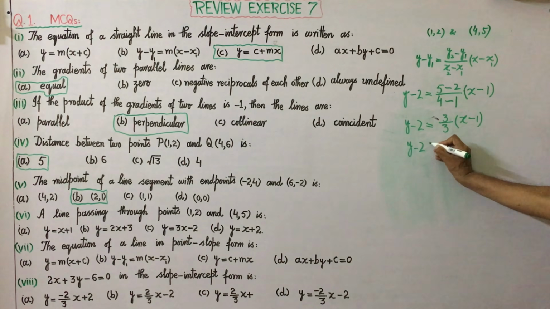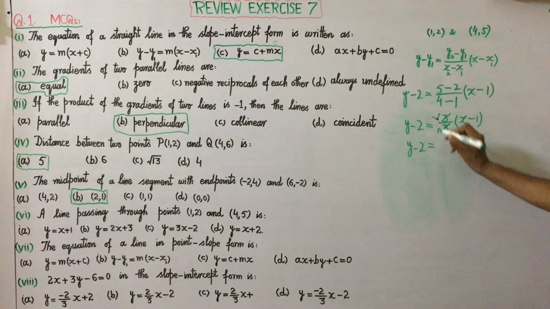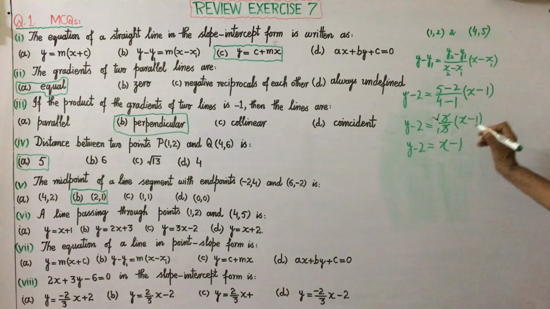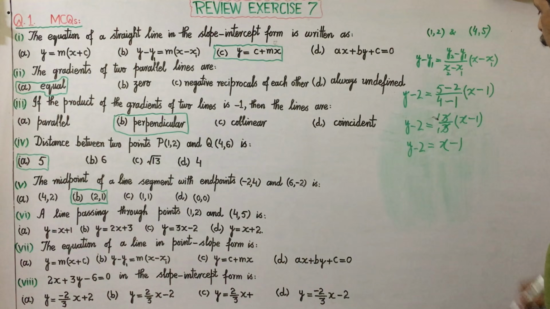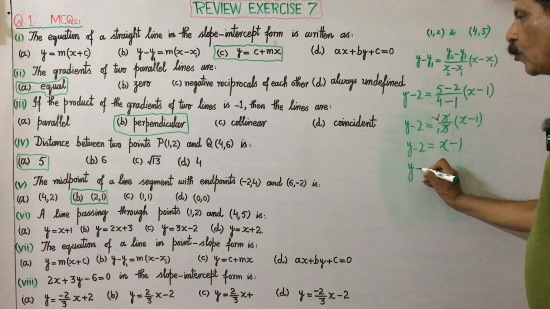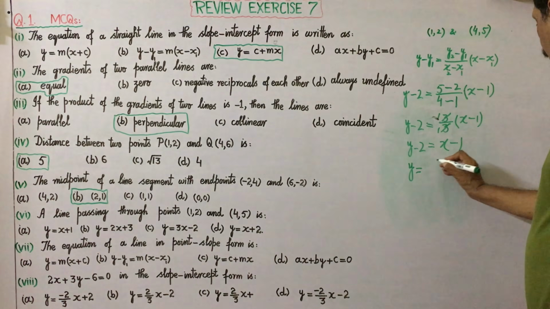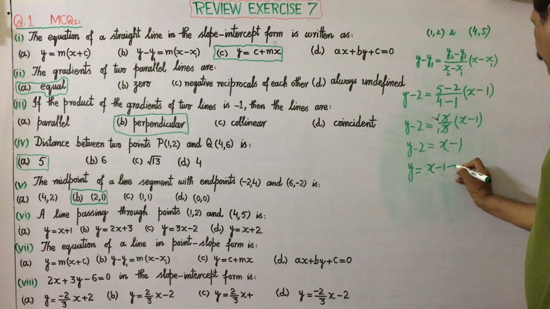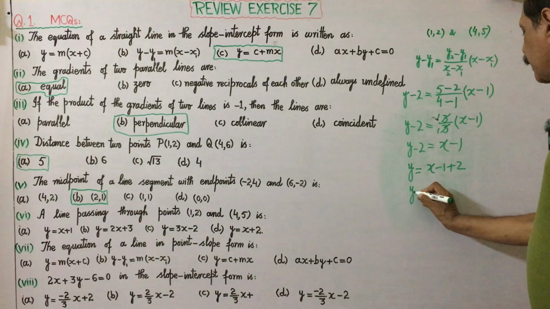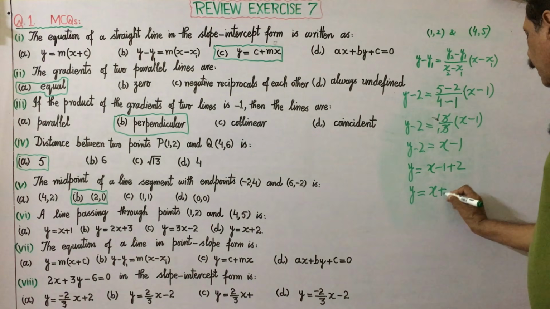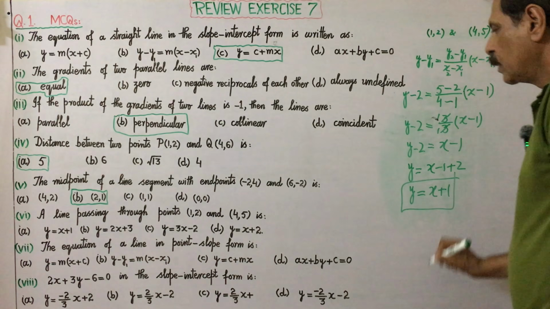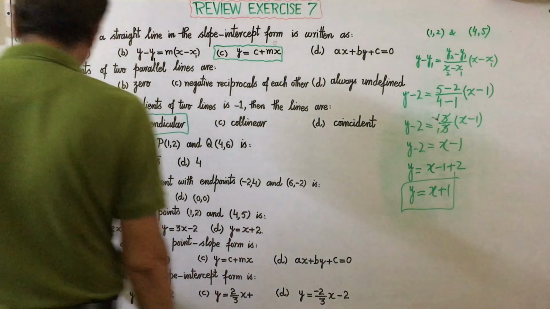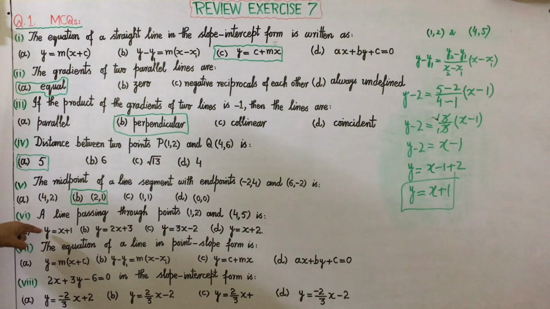Y minus 2 is equal to 3 ones are 3, 3 ones are 3, is equal to x minus 1. So y is equal to x minus 1 plus 2, y is equal to x plus 1. Sixth MCQ, y is equal to x plus 1. So A option is correct.